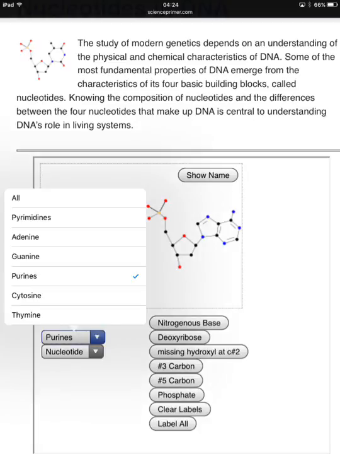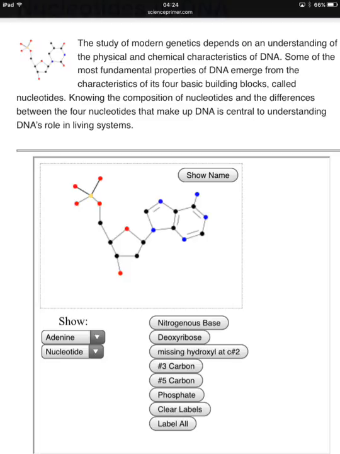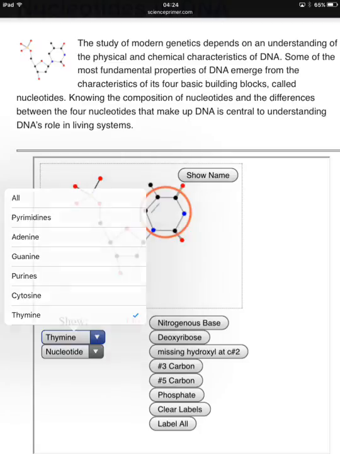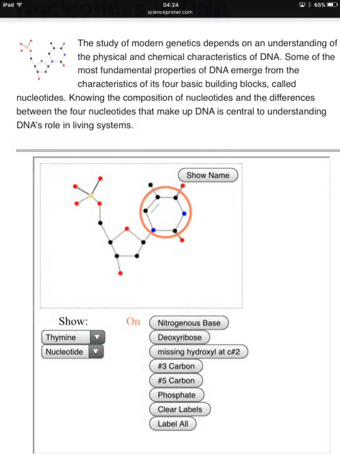So let's go through some individual ones just to see how you go. So this is adenine, and we should know that adenine is a purine, and we can see the double ring structure, which tells us it's a purine. This binds to thymine, which is just a one ring structure and is therefore a pyrimidine.